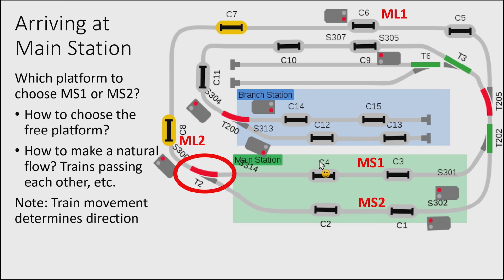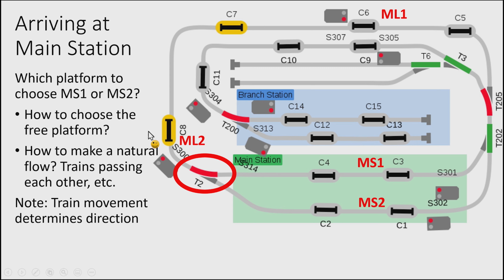Do remember here that it's the train movement event that needs to determine the direction. So it's the route event that would need to set the route, but the train movement needs to be aware of where it is going. Now, why is this important?